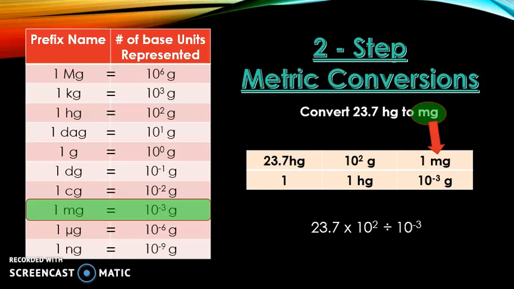Because 10 to the negative third is on the bottom, I'm going to divide that back away. So I'm going to type 23.7 times 10 to the second divided by 10 to the negative third. And at the end of this, after you push equals, you should come up with the final answer of 2.37 times 10 to the 6th milligrams.